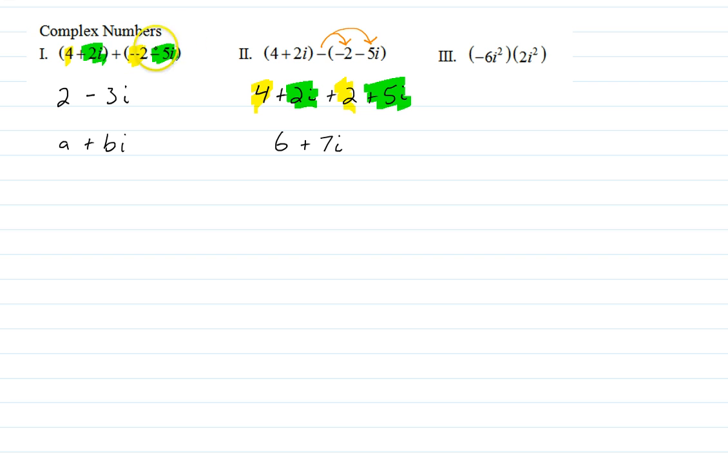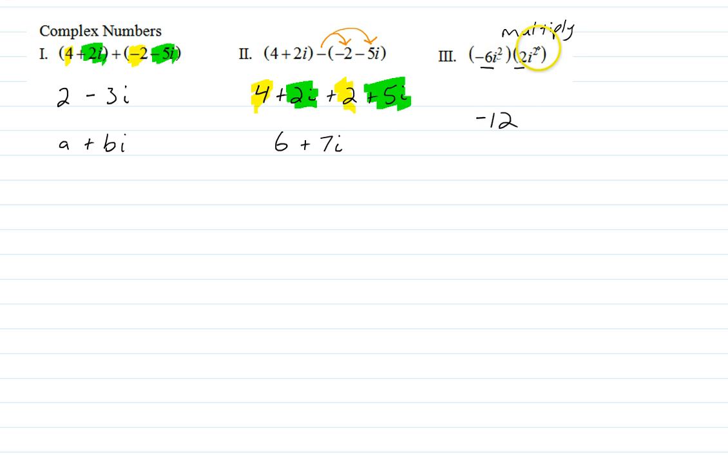So the first one was addition, the second one was subtraction, and now we have nothing in between the parentheses, so now here, that means we're going to multiply. So we're going to multiply the numbers first, so the negative 6 and 2 gives us negative 12.